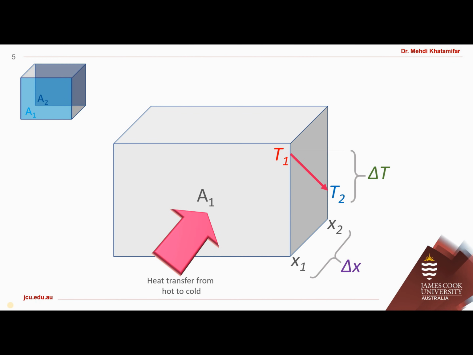This proportionality can be converted to equality using a coefficient which we call thermal conductivity, and we can write it in terms of Fourier's law, where Q dot is equal to minus A K delta T divided by delta X. The negative sign shows the direction of the heat flux, which is going to be from high temperature to low temperature in the direction of positive X.